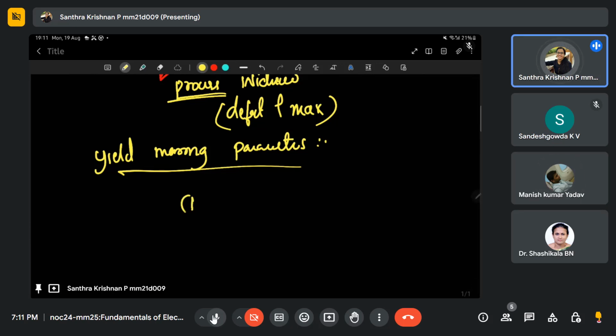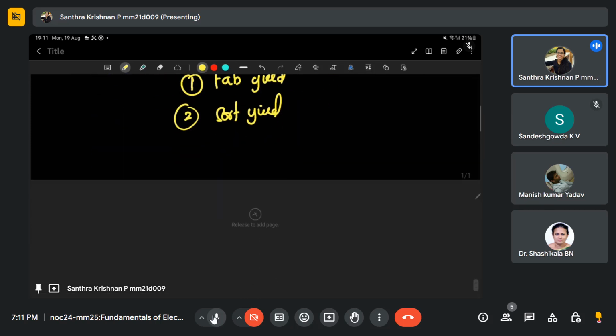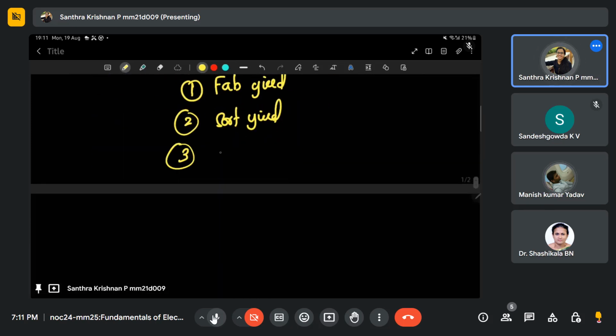Yeah. So first one is fab yield. Then we have something known as sort yield. And thirdly, we have something known as packaging yield. Fab yield basically means the ratio of the total number of wafers that came out of the fabrication process to the total number of wafers that were started in the fabrication process.